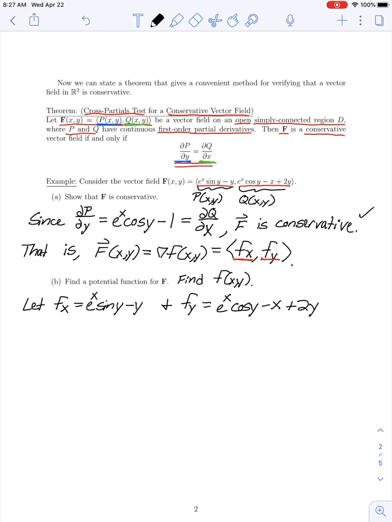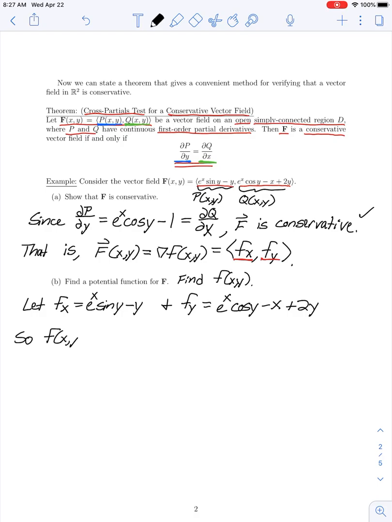Now, if we know what the partial derivatives of this function f are, we ask ourselves, well, how can we find f itself? If we know the derivatives of a function, to find the function itself, we would need to find antiderivatives. So there's a couple of ways that I could proceed here.